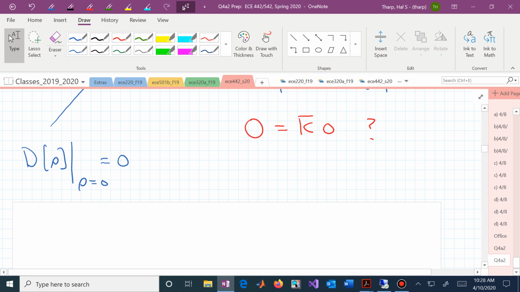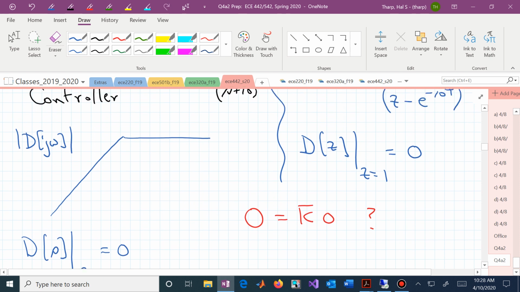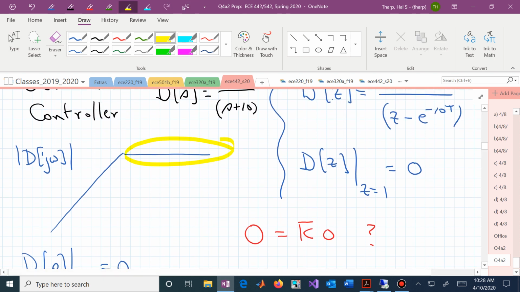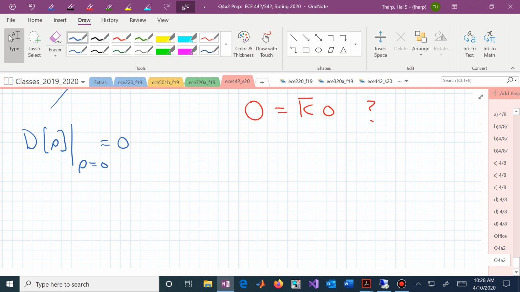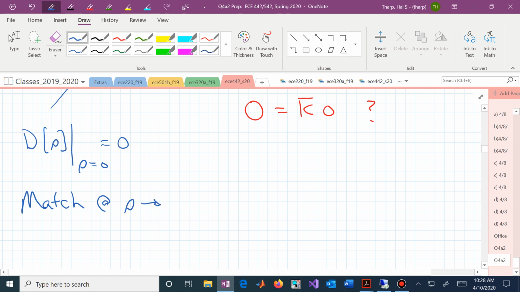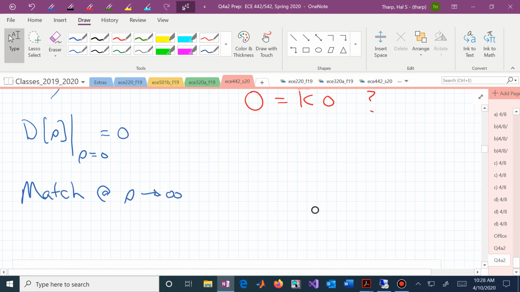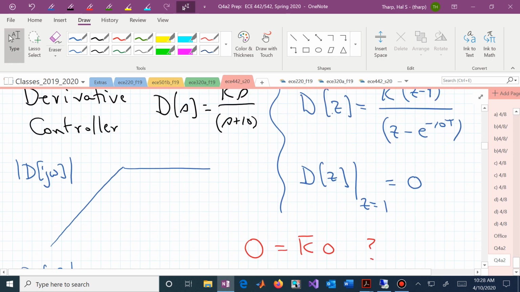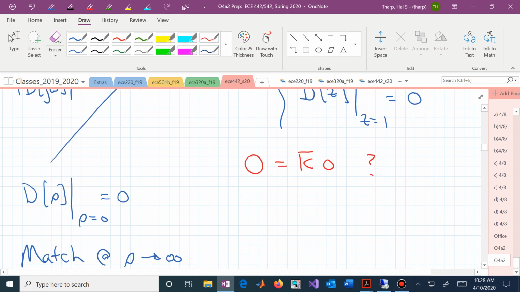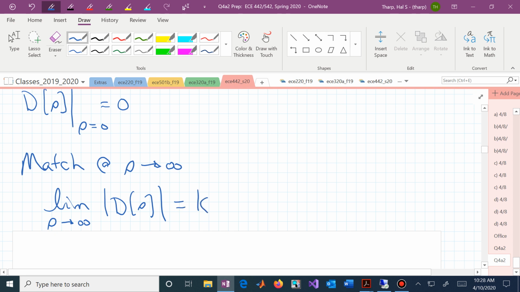So now you might actually want to, in this case, match gains there. And the easy place is to go ahead and match it out there at infinity. Or in this case, you would say, okay, let me match at s going off to infinity. Then you would be looking at the limit as s goes to infinity of this d of s. And for this particular choice, I hope you see that you now have that equal to k.